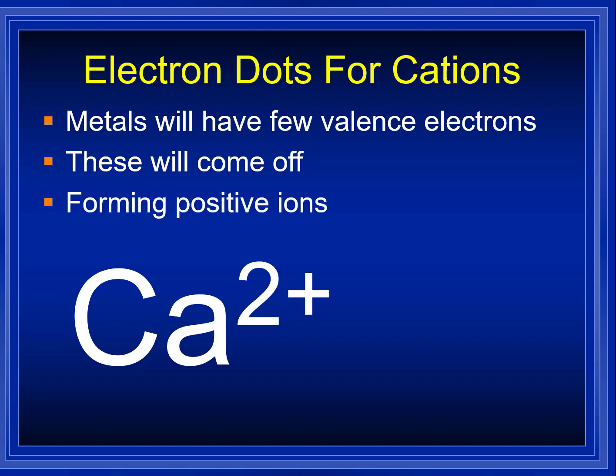A positive charge, noble gas configuration. But this is not a noble gas. It won't behave like a noble gas. It'll look like a noble gas, but it won't behave like one. Because most of the calcium in our bones is calcium 2+, it's not acting like a noble gas because it made something. Okay? That's how you make cations. Electrons come flying off.